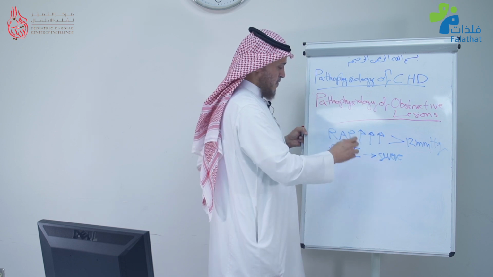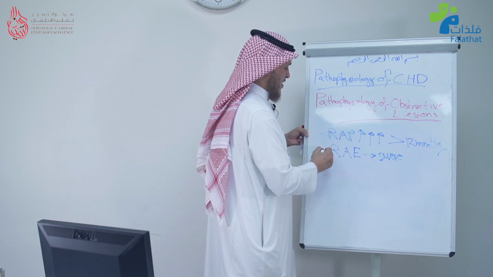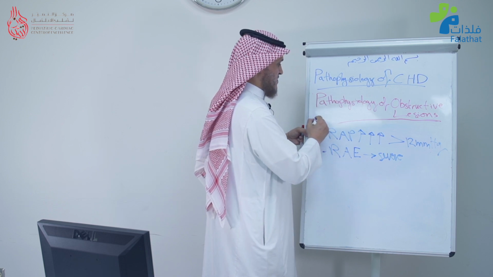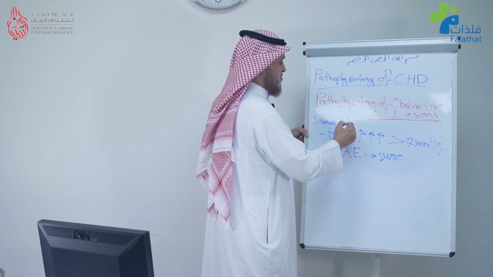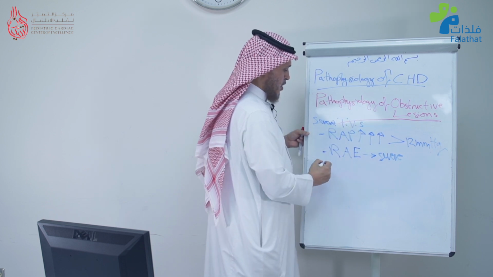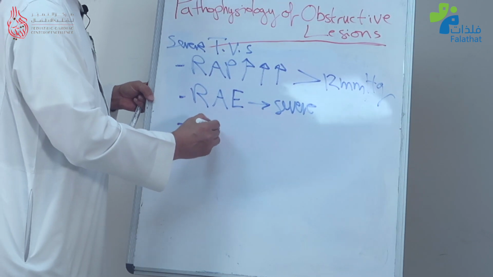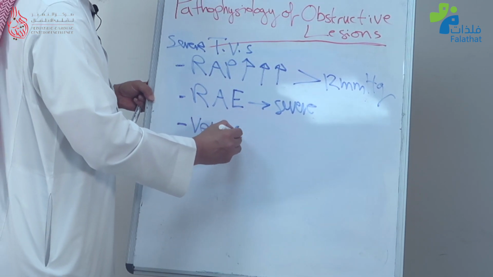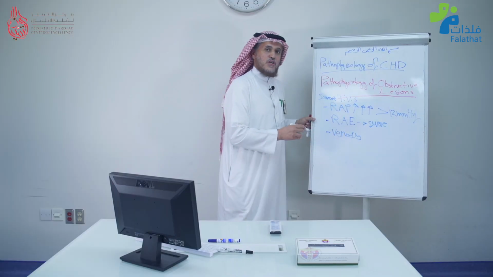If this continues, then we will for sure have the other effects, which we didn't see in moderate. So this is severe tricuspid valve stenosis. We will see starting venous congestion in the body and elevation of venous pressure in the body.